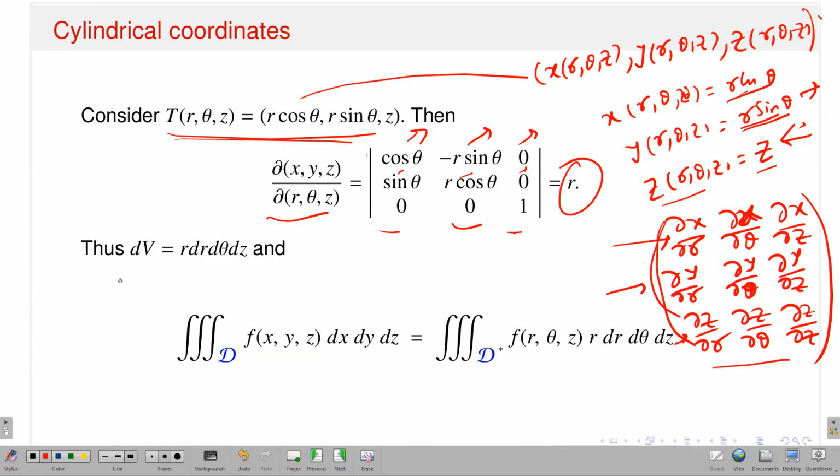So therefore the corresponding dv, that means dx dy dz, actually changes to dr d theta dz, and this extra factor is coming from here.